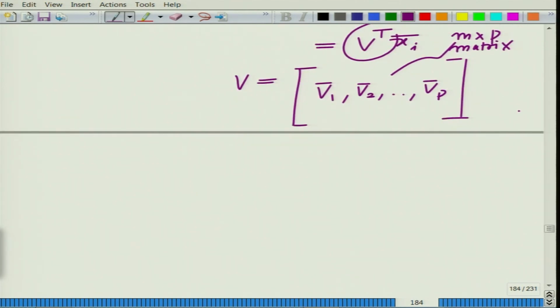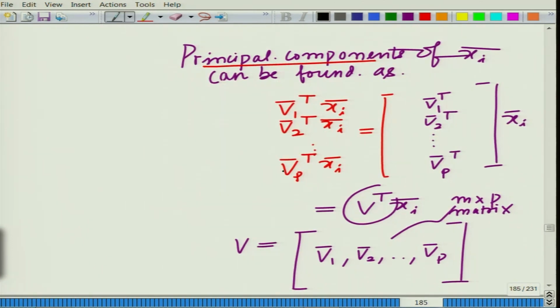And now the principal components of the data set. So this is basically your dimensionality reduced vector. If you look at this V transpose xi, you can call that xi check. So this will be a p cross 1 vector.